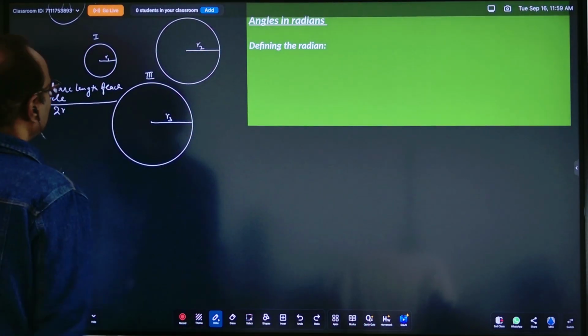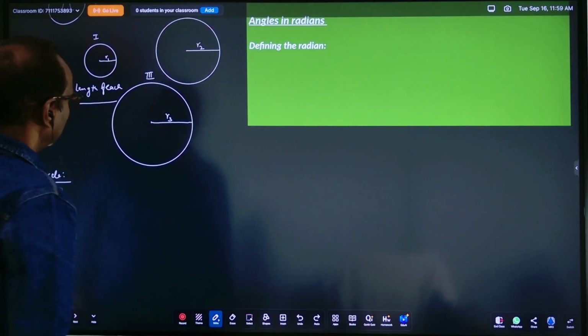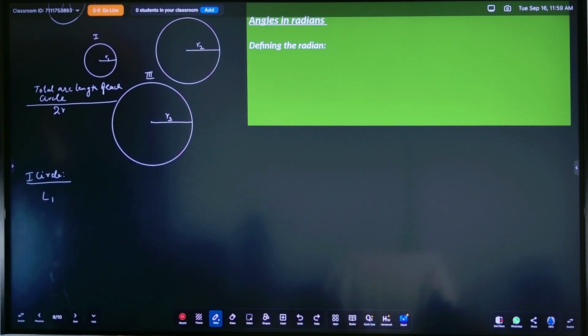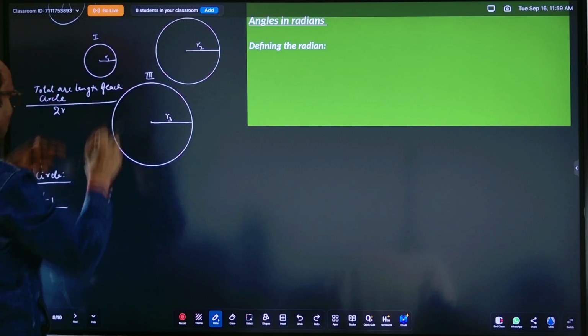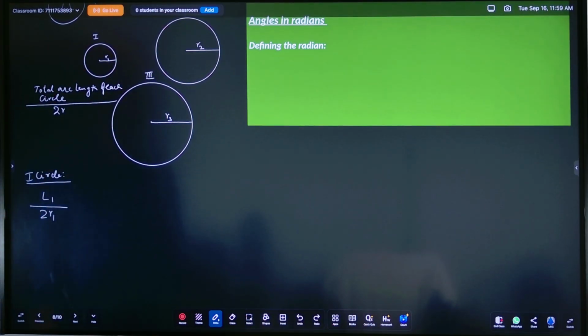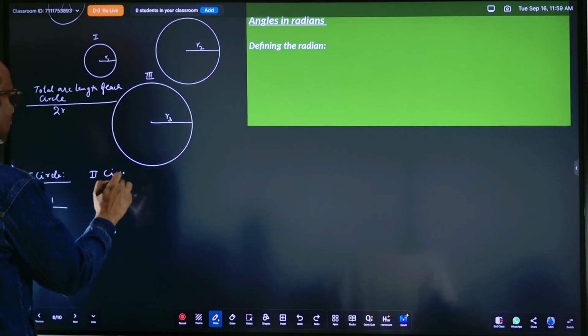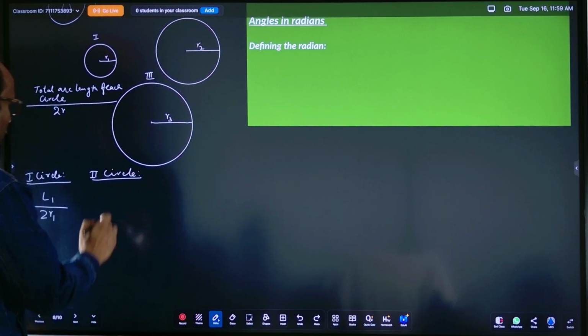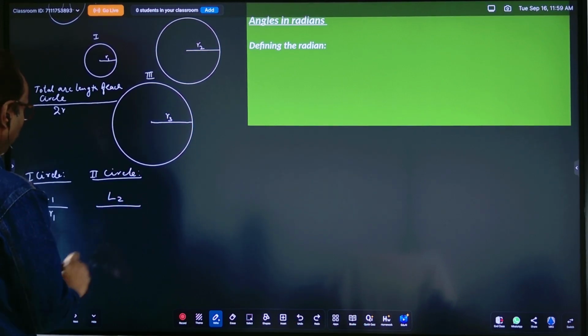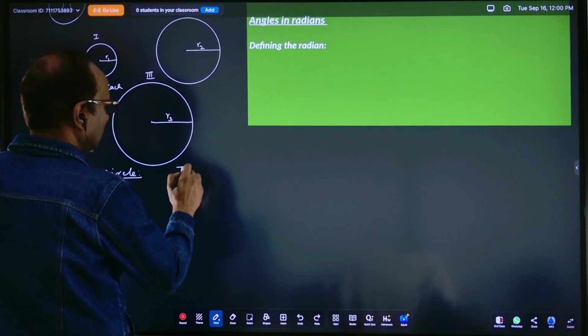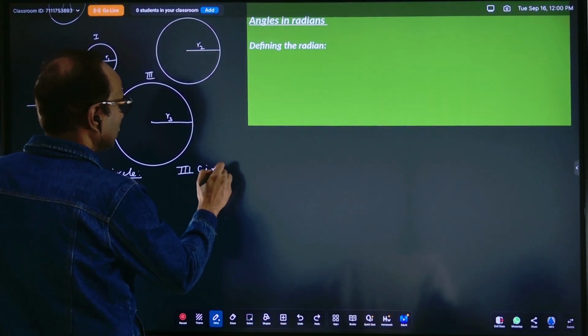this was cut, spread on a scale, and the entire length of the circle measured, and let us say that came as L1. They divided it by the diameter, meaning 2r1. Similarly for number 2 circle and number 3 circle.